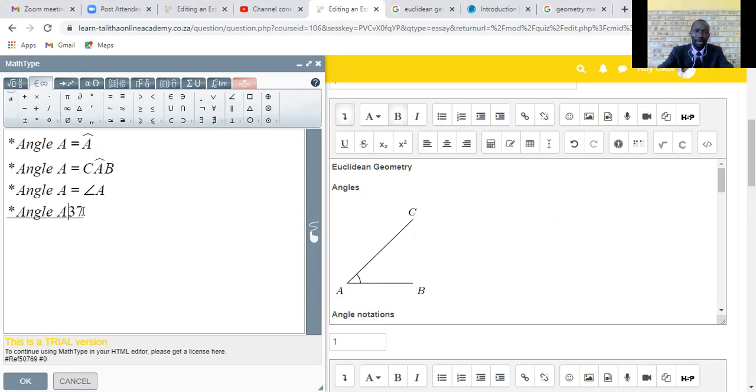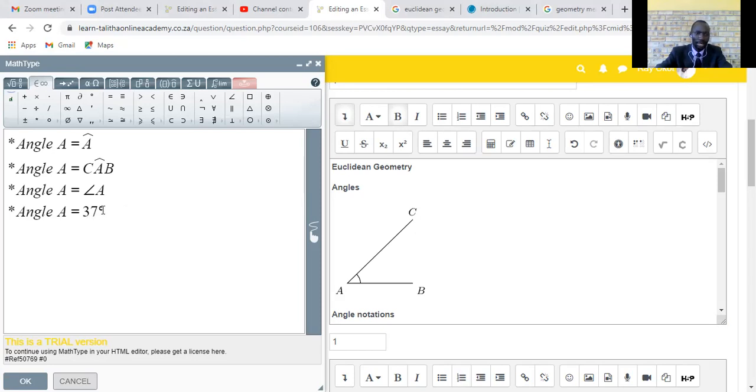Well, A being 37 will be written as 37 with a unit on top, and this unit is called a degree. So if we already know the value of angle A, we write the value with a small notation similar to the letter O on top of the number written.